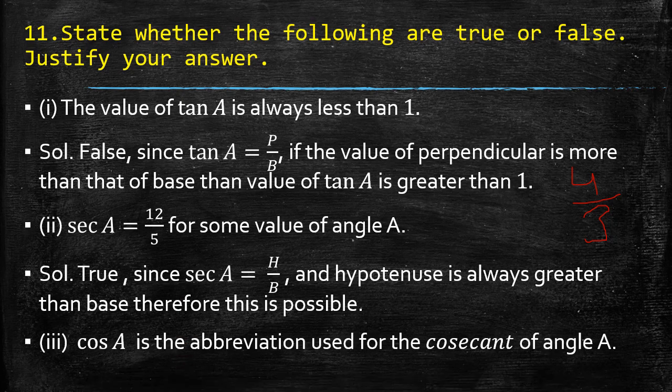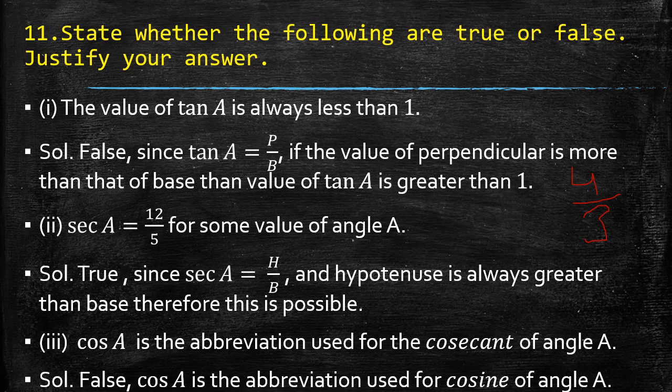Third part. Cos A is the abbreviation used for cosecant of angle A. I think all of you must know, what is cos A? Cos A is the abbreviation for cosine A. So this statement is false, because cos A is the abbreviation used for cosine of angle A. Okay.